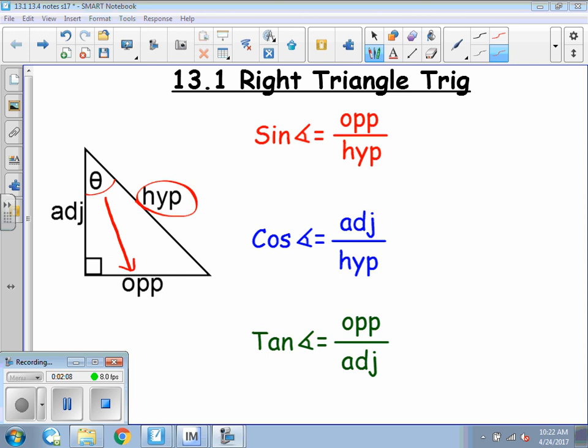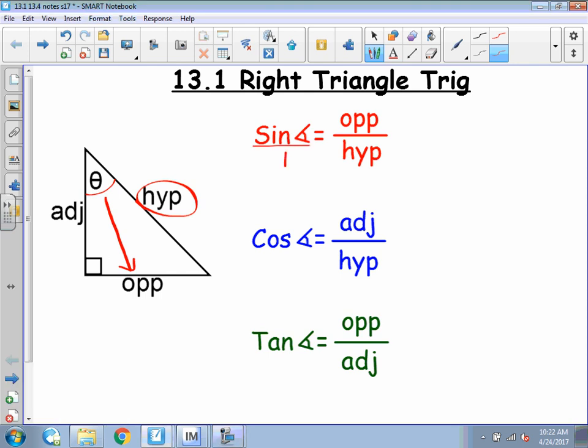You could write all of these as a proportion. If you put that over 1, you cross multiply to solve. Because if I know what this angle is, say 25, sine of 25 degrees is just a number. In a lot of cases, you'll be missing one of those, so you'll call it x, and you'll cross multiply to solve for that. Okay?